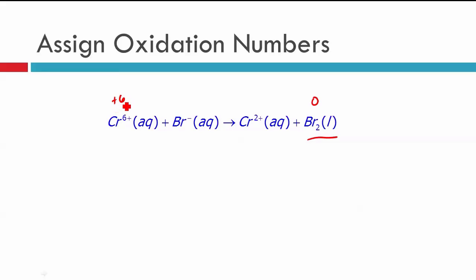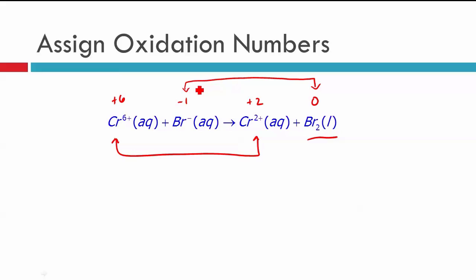So this is going to be +6. The bromide ion will be -1, and the chromium here will be +2. So we've assigned our oxidation numbers, and I'm hoping that we can see the connections. These are connected. It's the chromium with a changing oxidation number, and here we see Br2 and bromide.